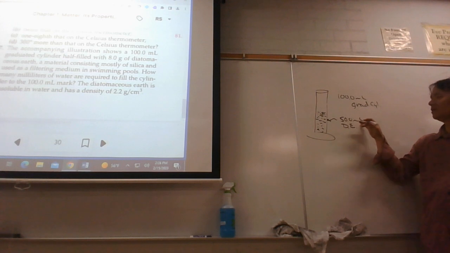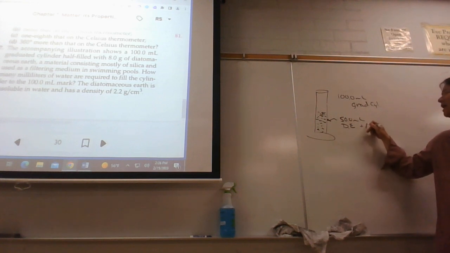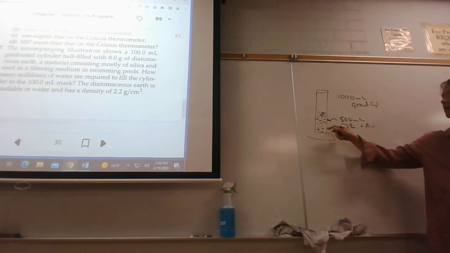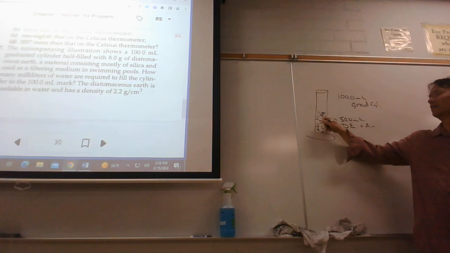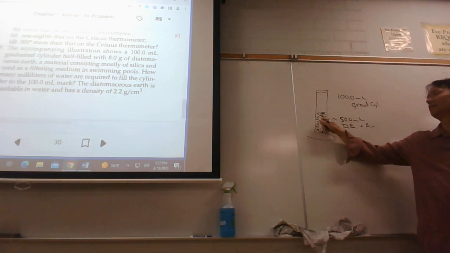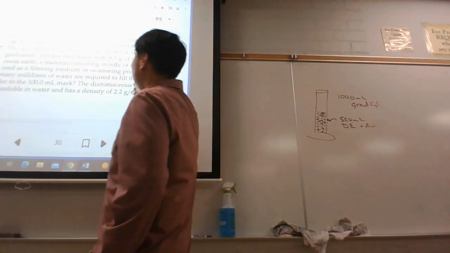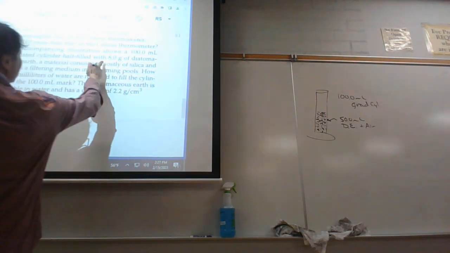So this 50 milliliters isn't just diatomaceous earth. It's diatomaceous earth plus the air that's in between. This is why I drew it dotted like this. It's not a solid chunk of diatomaceous earth. What else do they tell us?